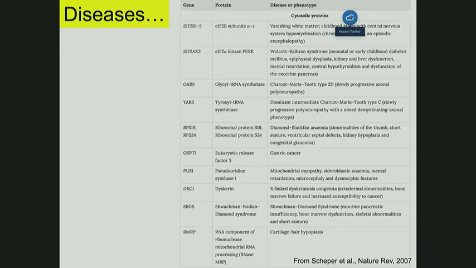And again, this is not something for you to memorize, but just to appreciate that a lot of what we've learned about translation has come from studying genes that, when mutated, change the efficiency of translation. And of course, this can lead to various disease states because it's important to have good translation going on.